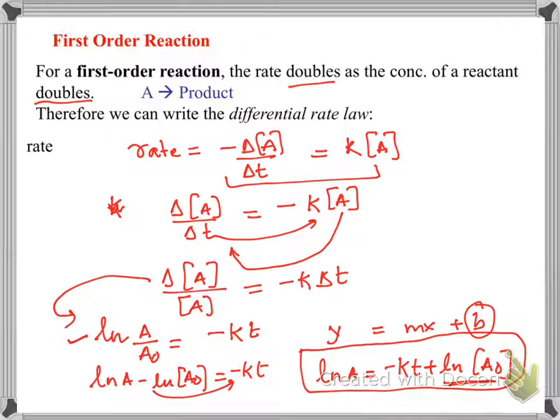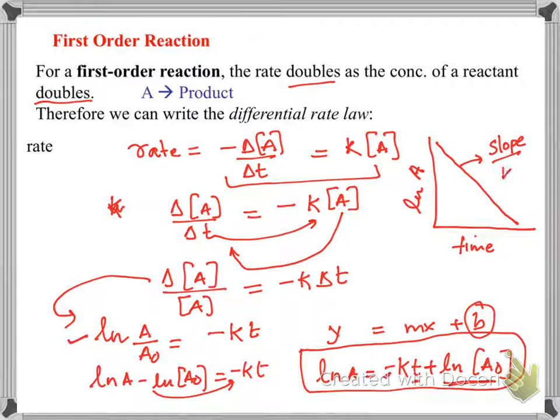So if you draw the graph of time, because t is on the x-axis, versus ln A, the concentration of A at a particular time, it should come out as a straight line with a negative slope, and the slope of this line will be negative k.